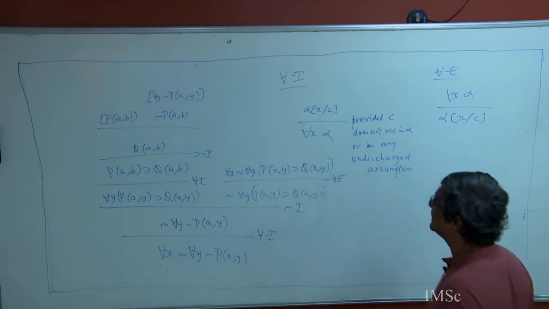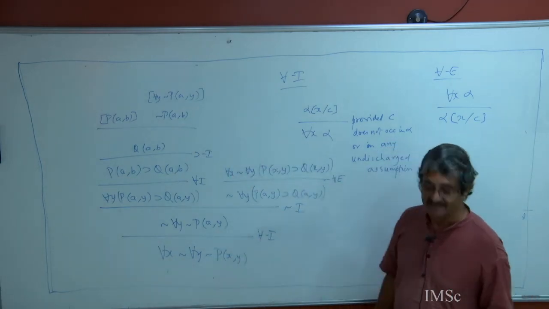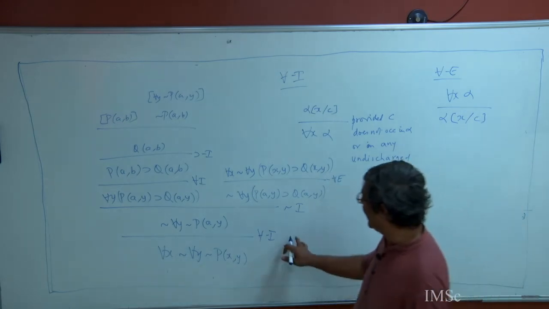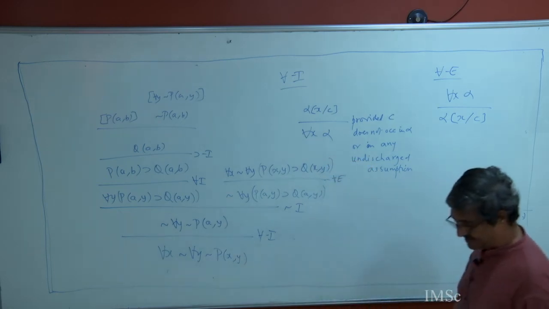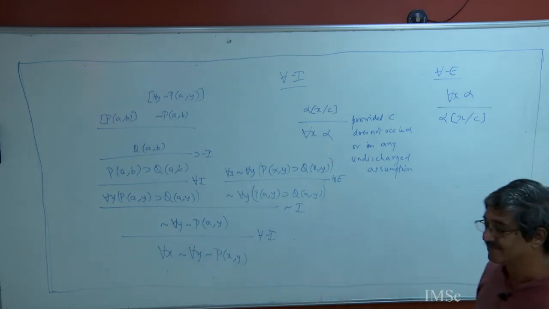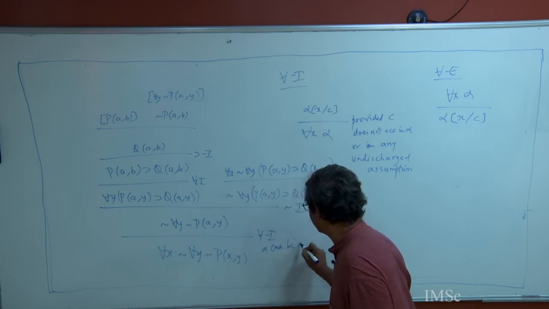What is very nice is, now I have discharged both the assumptions here. So P A B is discharged, as well as for all y not P A Y is discharged. And there is no undischarged assumption that is using A here. So this is important. So A can be used.